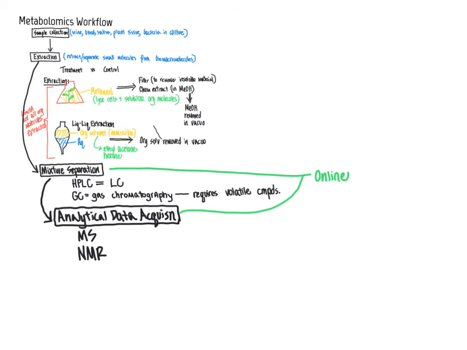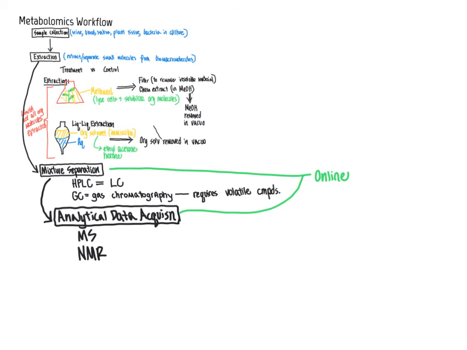Mass spectrometry can be linked to either the LC or the GC. And the mass spectrometry methods here include all of the different techniques that we talked about in our earlier videos for ionizing compounds, such as electron ionization or electron impact, electrospray ionization, and MALDI, as well as a variety of others.